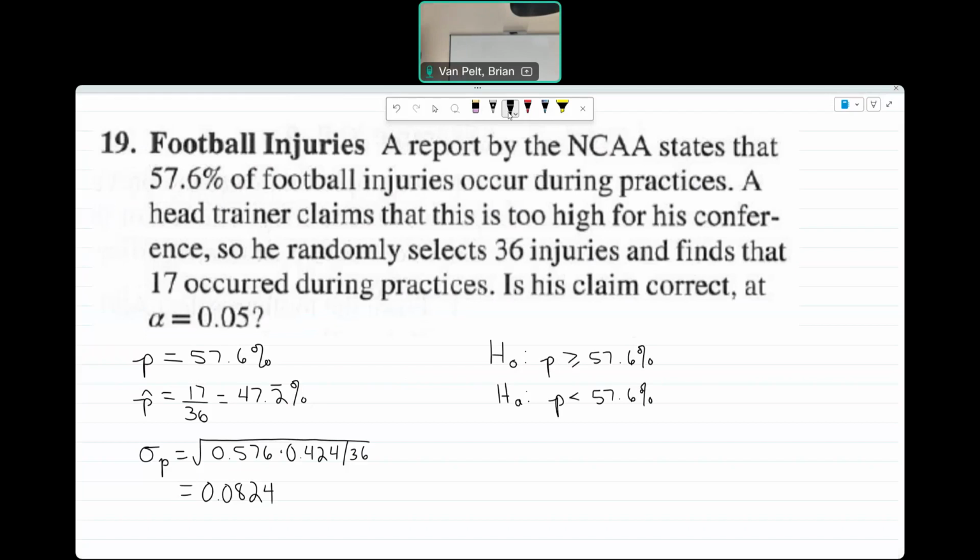Remember, any semblance of an equal sign always goes into H sub 0. And when I start drawing the pictures, that's when I start going to decimals.